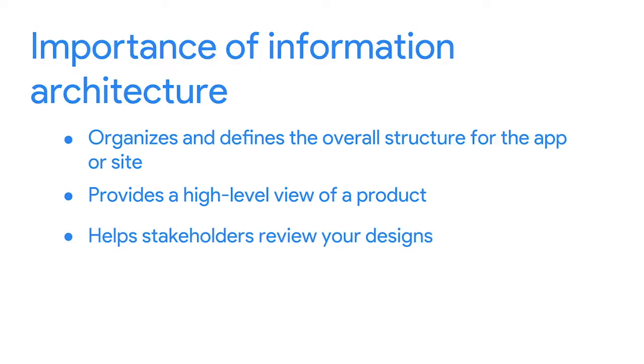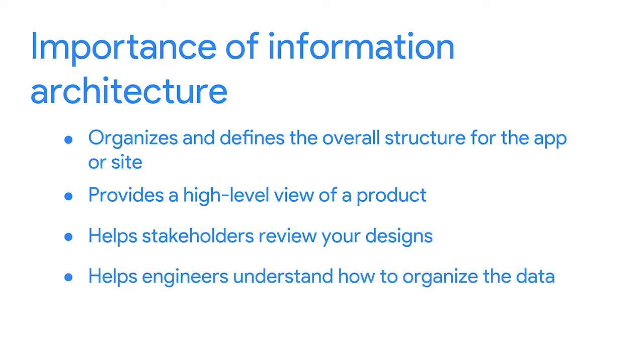Stakeholders can evaluate whether the content in the site or app is the correct type of content and if it's placed in the appropriate places to help achieve business or product goals. Strong IA also helps engineers understand how to organize the data so the eventual development of the product matches the visual designs you've created. So not only will your users benefit from good IA, it'll make your colleagues' jobs easier too.